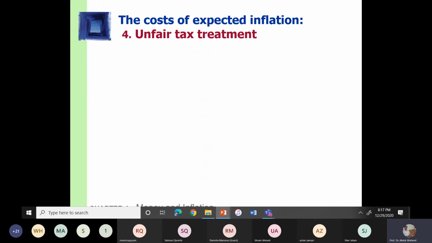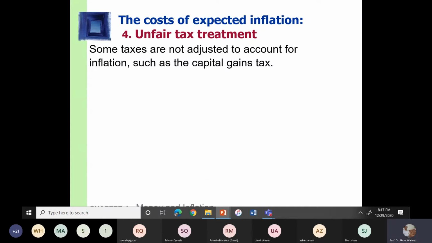And because of inflation, we also have unfair tax treatment. Some taxes are not adjusted to account for inflation, such as the capital gain tax. If you say there is a 10% capital gain tax, this means if your capital gain is 1 lakh rupees, then you have to pay 10,000 as capital gain tax.